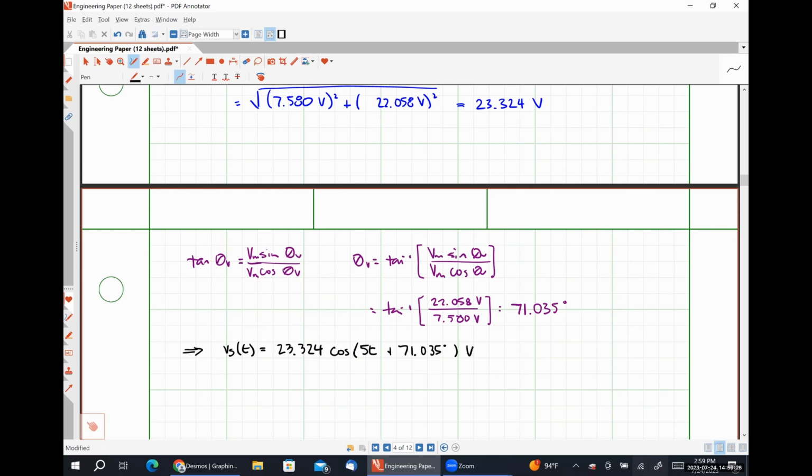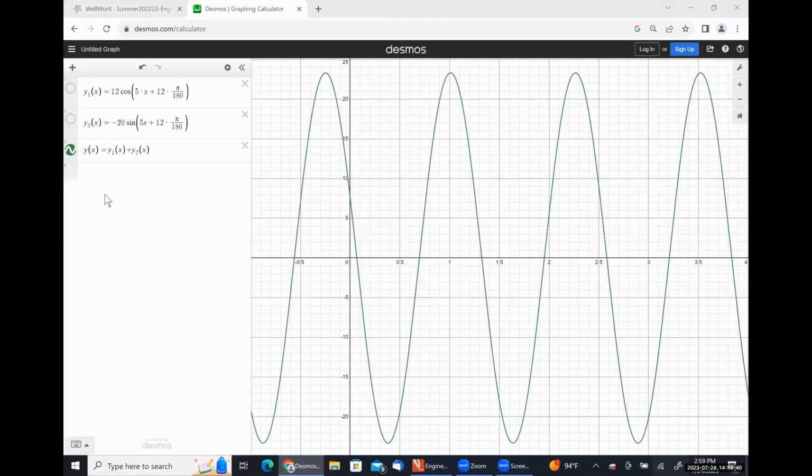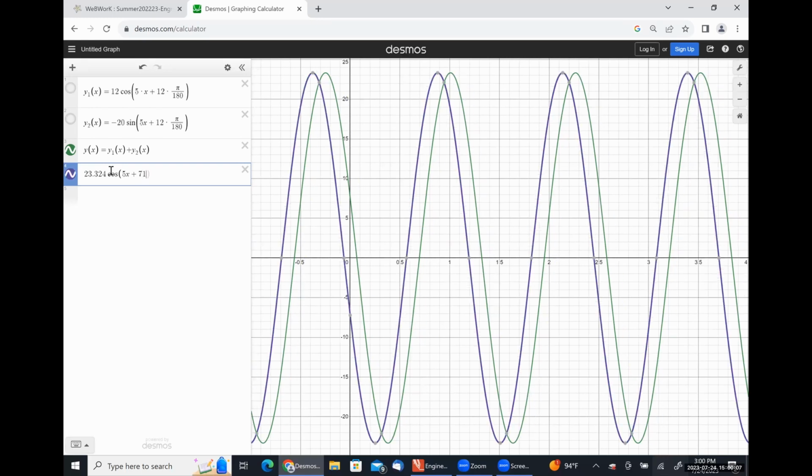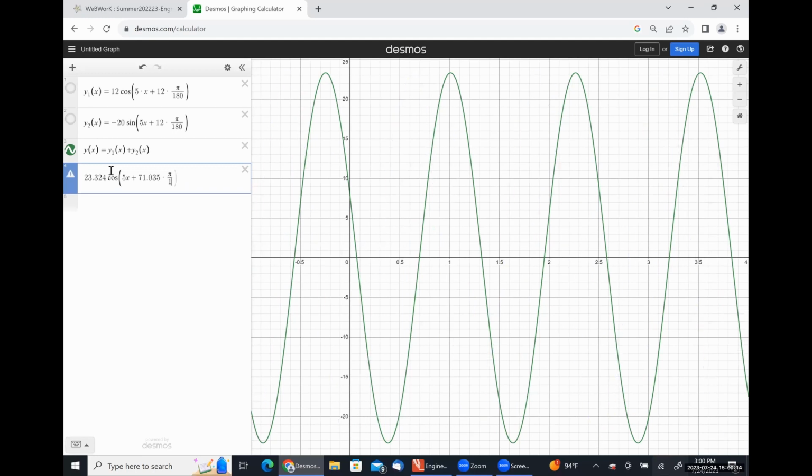Let's plug this representation into Desmos and see if they're the same signal. So I'm going to have a new thing. 23.324 cosine 5t plus 71 point, oh, sorry, x plus 71.035 times pi over 180.